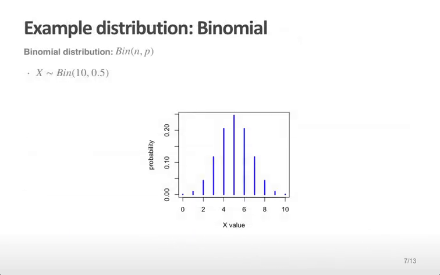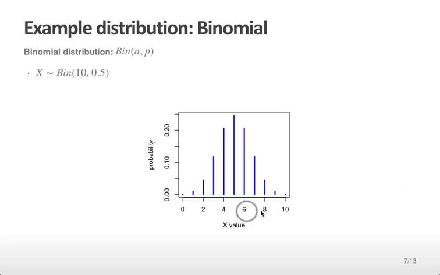We can also calculate the density functions for discrete random variables like the binomial distribution. Remember, if we let x be a random variable that's binomial with n equal to 10 and p equal to 0.5, this is equivalent to considering a random variable that is the number of heads that occur when 10 coins are flipped and all those coins are fair.